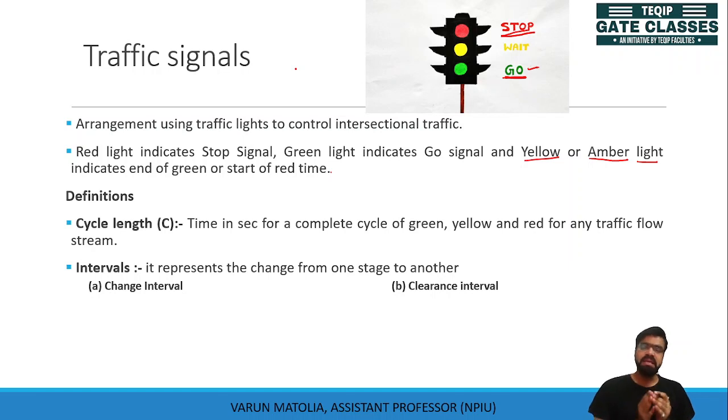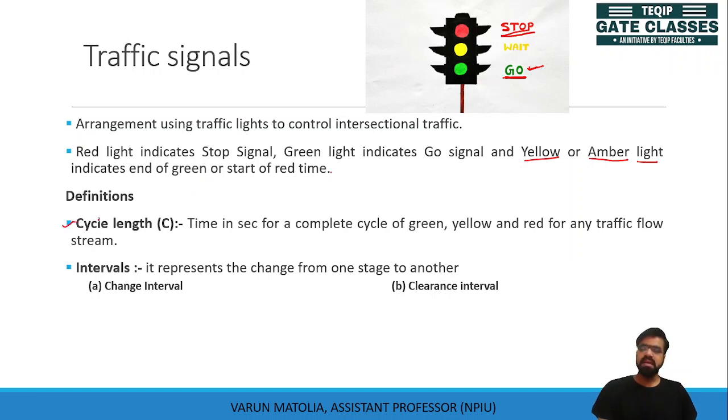Because there is a certain traffic volume which is moving through the section, and we should allow all of the traffic to clear off without any collision or without any conflict. So to provide this kind of arrangement, we should know the timings on the traffic signals. So let us talk about some definitions.